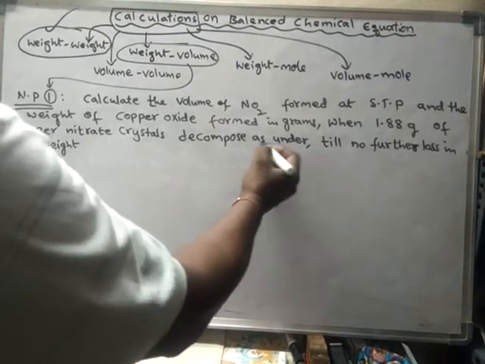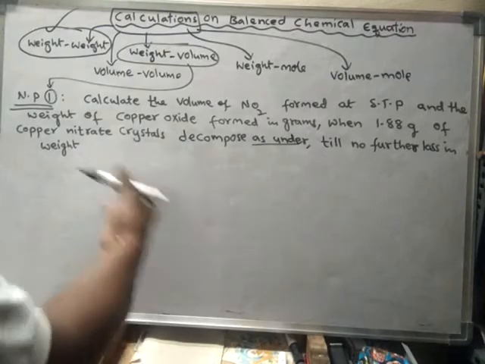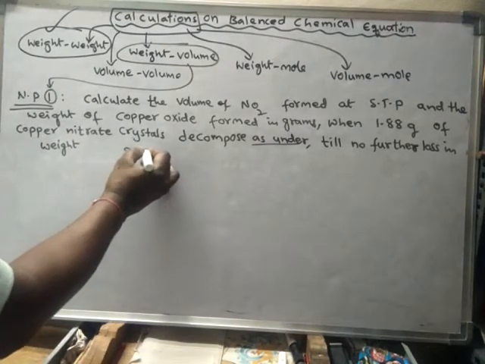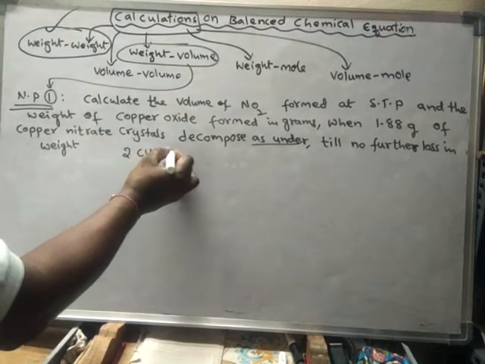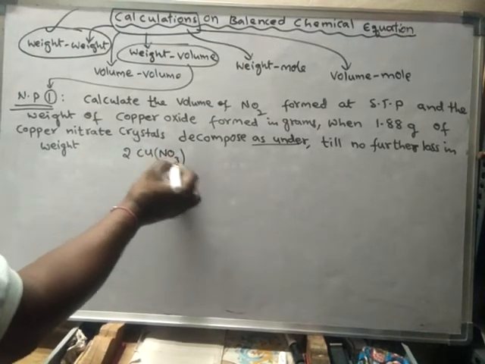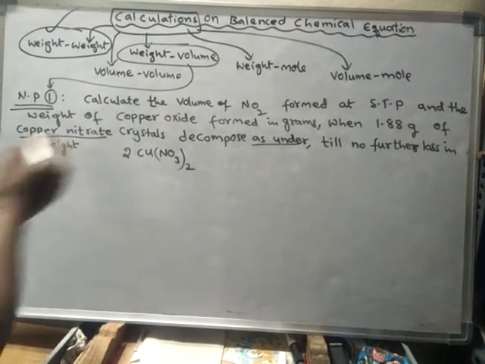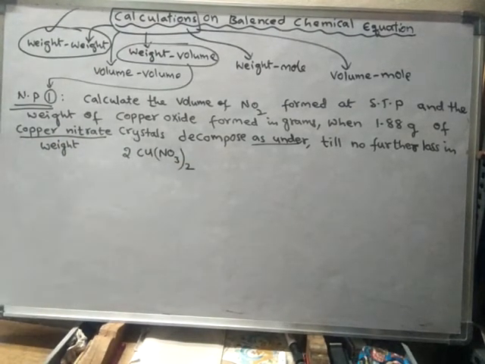As under means some balanced equation is given. So what is each one? Copper nitrate. We already know the specialty of copper nitrate. The only nitrate salt which is colored is copper nitrate. It is bluish green colored crystals.